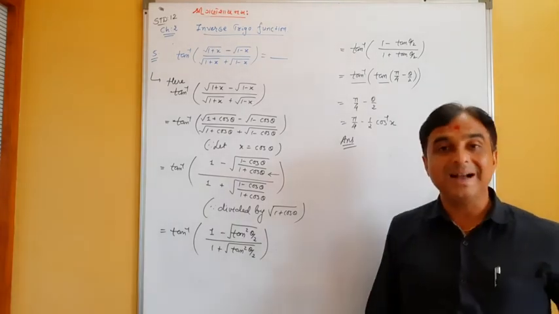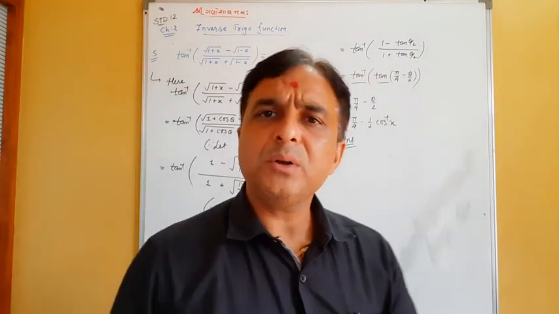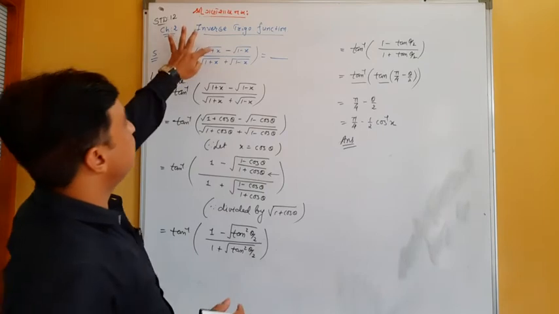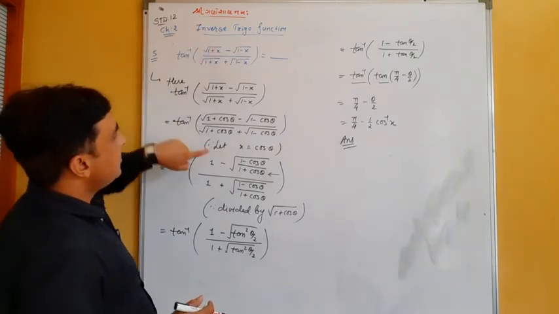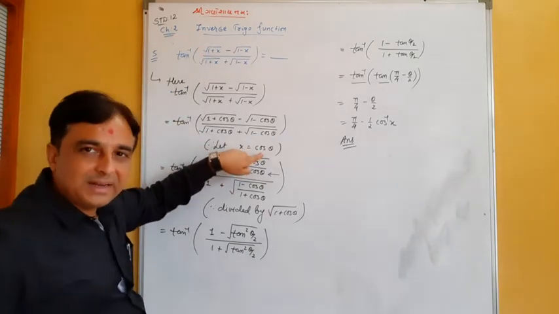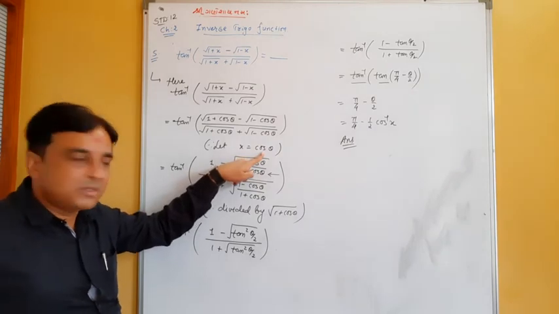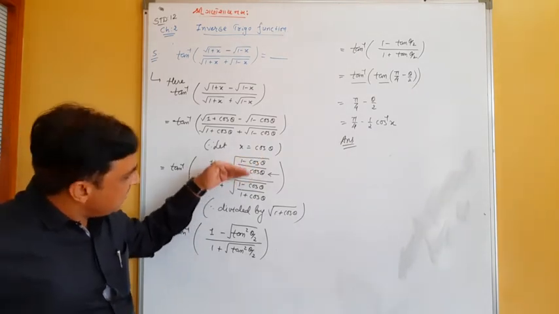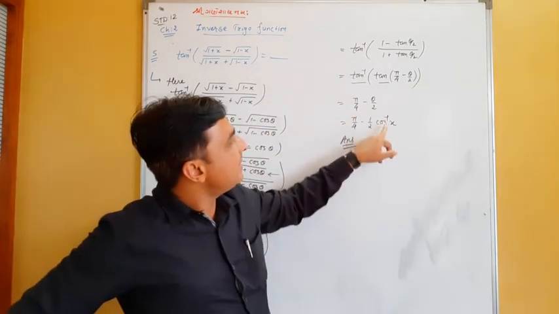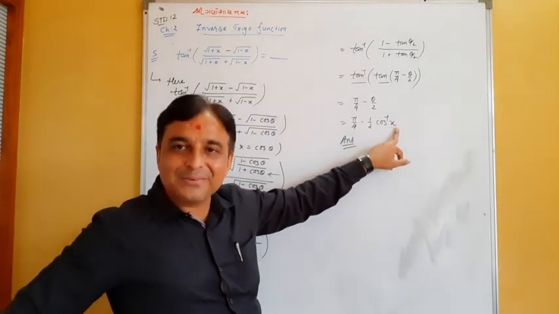It's the most important question. Suppose instead of that x, we have been given x square. So let x square equal cos theta. Assume x square equals cos theta. Remaining steps are the same, nothing else. Here it is cos inverse x square.